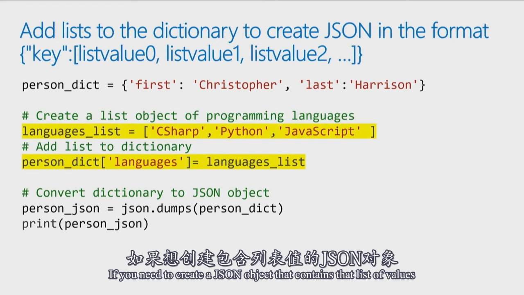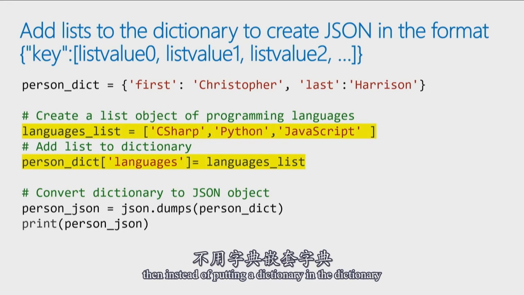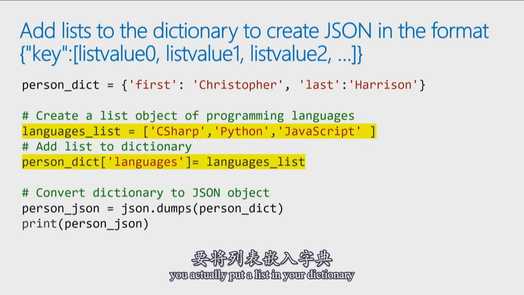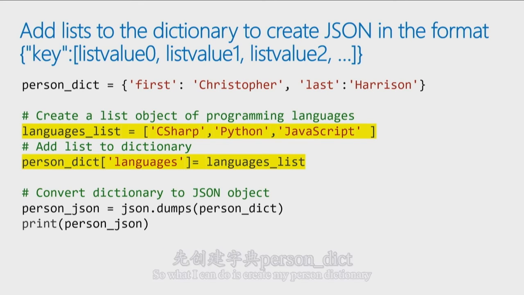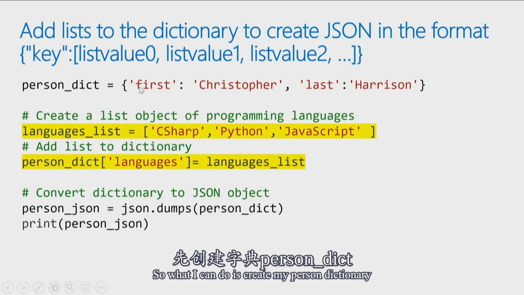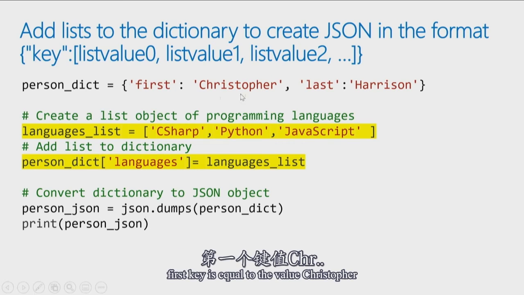If you need to create a JSON object that contains that list of values, then instead of putting a dictionary in the dictionary, you actually put a list in your dictionary. So again, in that module on collections, we learned how to create lists. So what I can do is create my person dictionary. First name: the first key is equal to the value Christopher. The last key is equal to the value of Harrison.